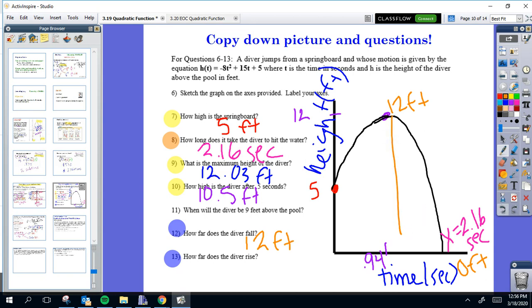If it's asking for how much the diver rose, we're talking about positive vertical height. So this one was negative. We're talking about how far the diver went from beginning to his or her maximum height. If they went from 5 to 12, that's a vertical distance of 7 feet rising. So we'll skip number 11 for now, and we'll come back to it in a different question. But that's basically the rundown for this entire scenario.